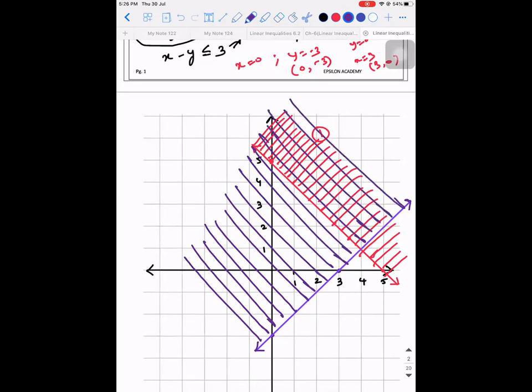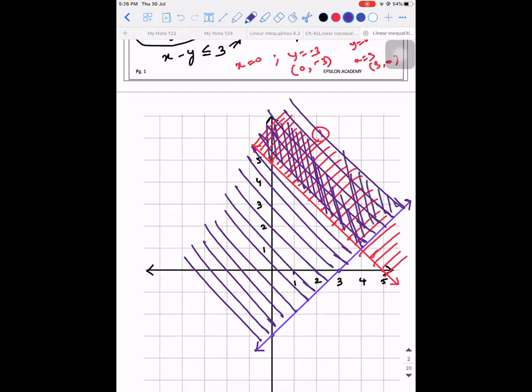So did you guys understand what I did? We drew both the graphs in the same graph sheet and we shaded. Now tell me which is the common area for both. 5, 0, 0, 5. So this will be the common region.